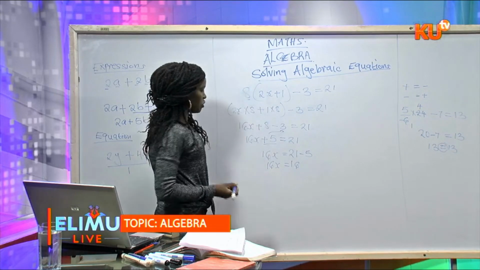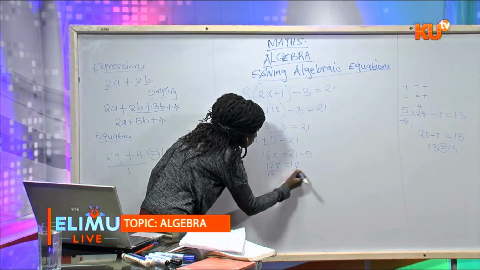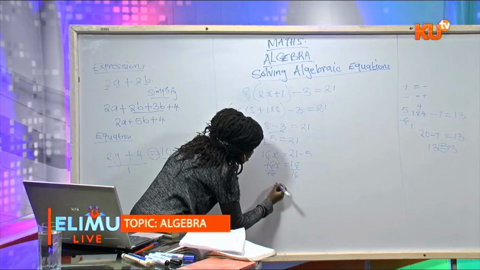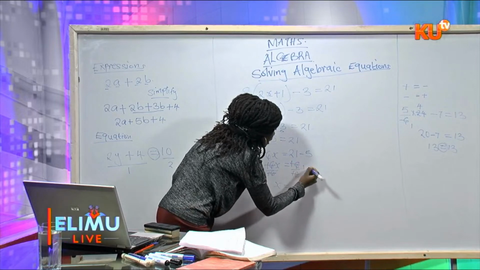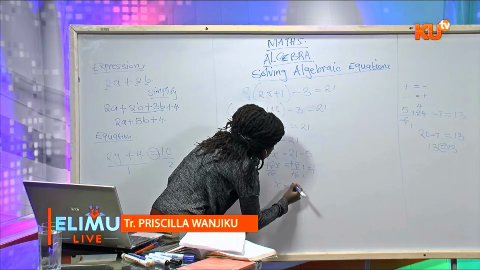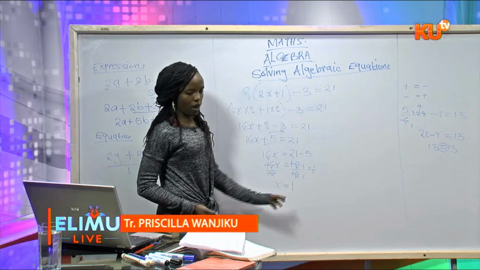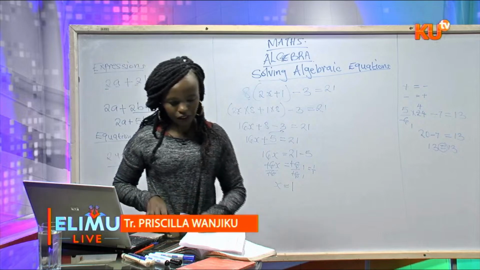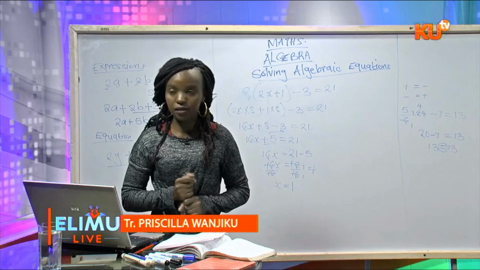I want to get the value of x. So I divide both sides by 16. So the value of my x is 16 divided by 16 is 1, over 1, which is the same as 1. So the value of my x is 1. I hope you are together. We look at another example.